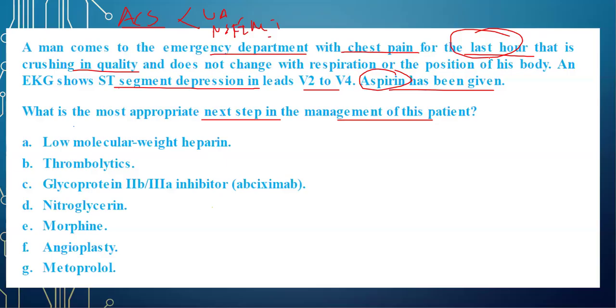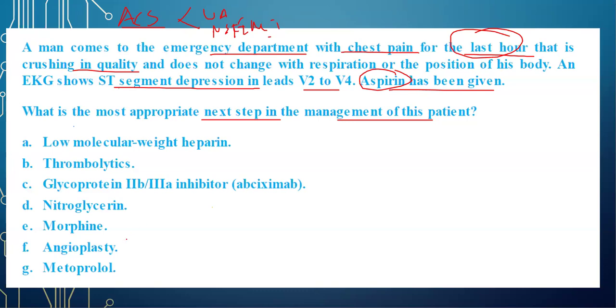Thrombolytics, abciximab, nitroglycerin, morphine, angioplasty, metoprolol. Remember, for unstable angina or non-ST elevated MI, angioplasty is not the option. Angioplasty or a stent is only done if there is a full block, which is what we find in a ST elevated MI patient.